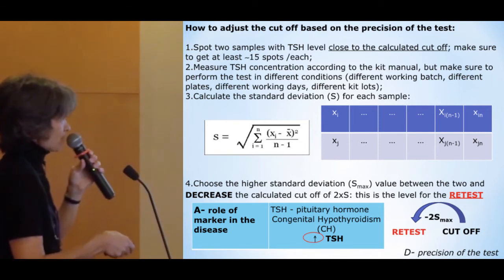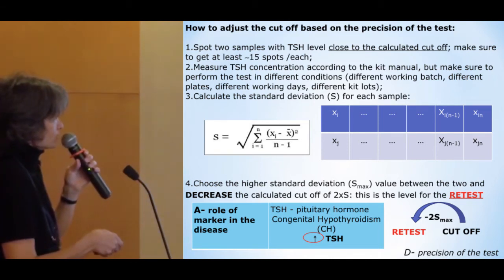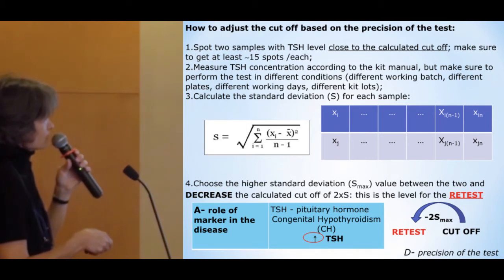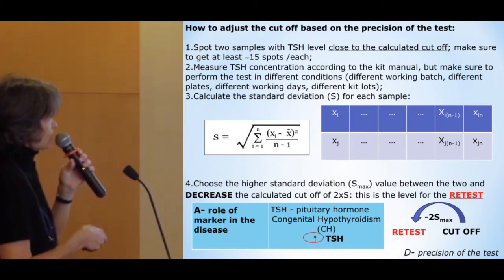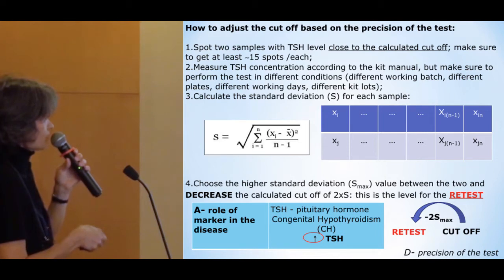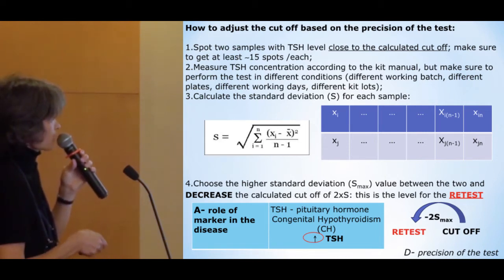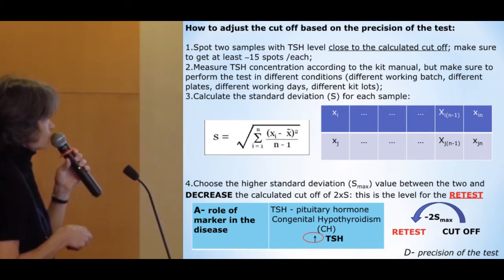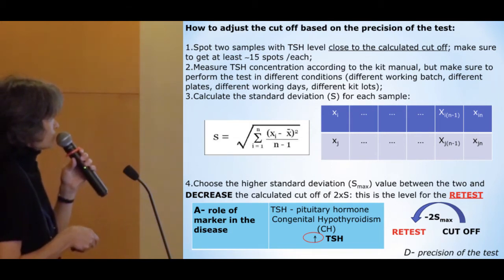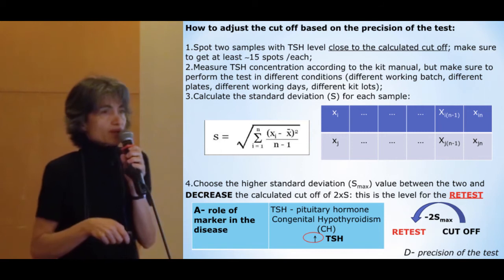So you end up having two series of values, one for the first sample and one for the second one, and you're going to calculate the standard deviation for each of those two samples. And you might already know the standard deviation is the square root of the sum of the squared distances from the mean divided by the numerosity minus 1.